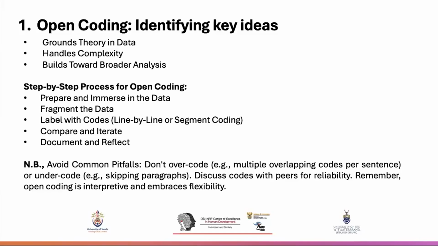It's very important that you avoid some of the most common mistakes that researchers make, which is overcoding. A good example is avoiding having multiple overlapping codes per sentence, because this would lead to not-so-good quality reporting of your data.